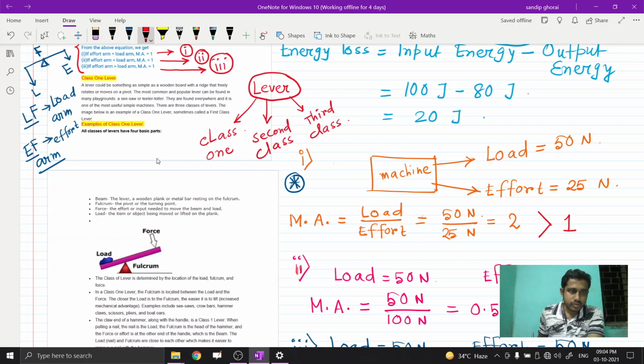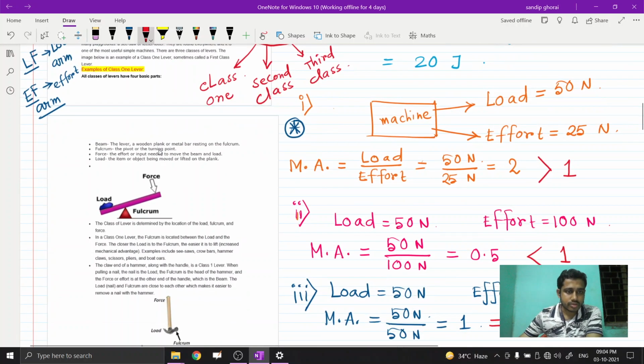In this PDF you can see these are the examples of first class lever. In a first class lever, the fulcrum is situated in between load and effort.